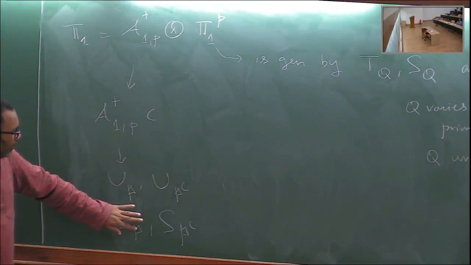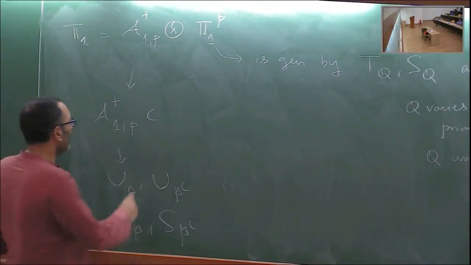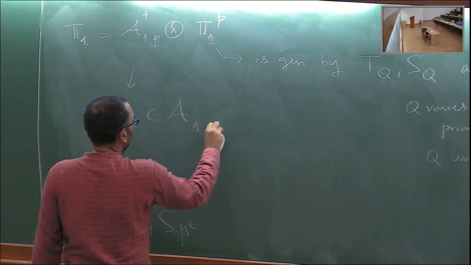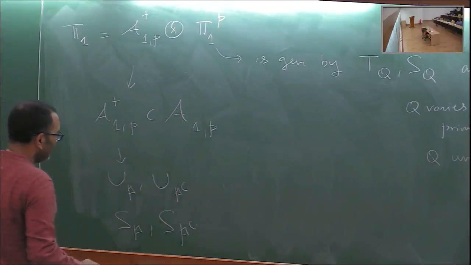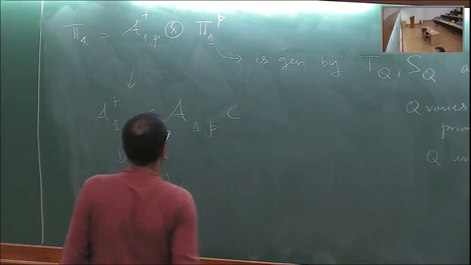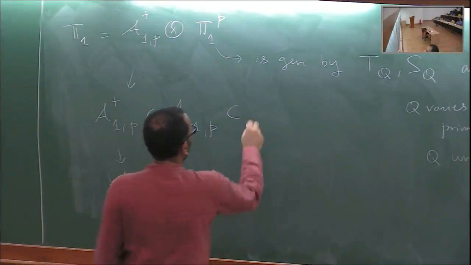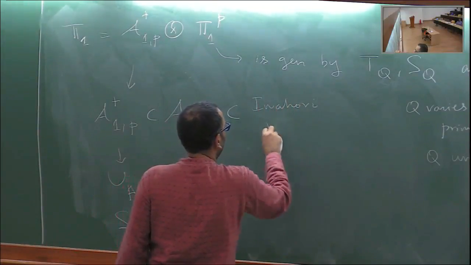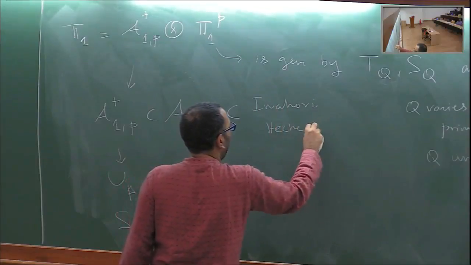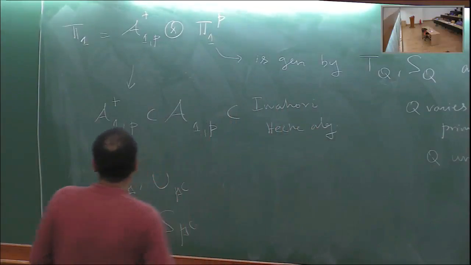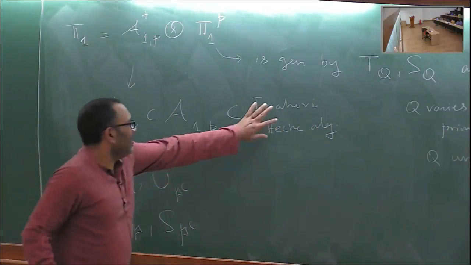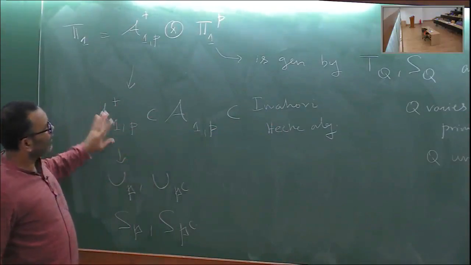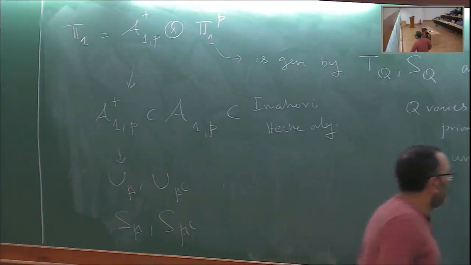Then you also invert these operators, and once you invert them you get a slightly bigger algebra, called A1P without the plus. This sits inside your Iwahori Hecke algebra. Because the Iwahori Hecke algebra is not commutative and you want something commutative, you take this smaller one.